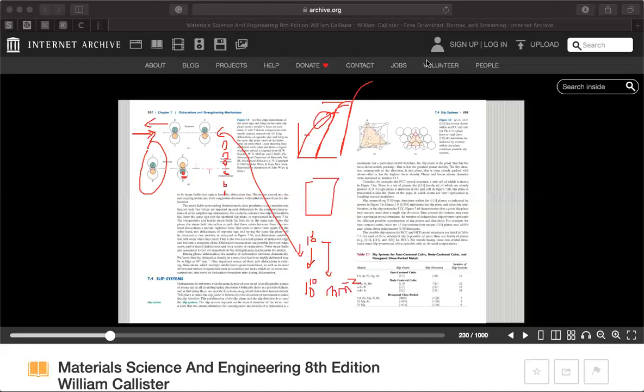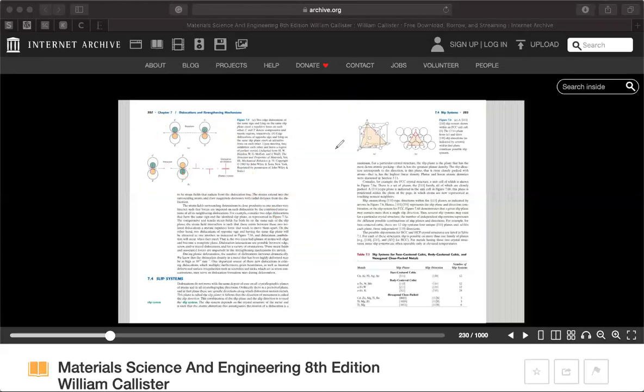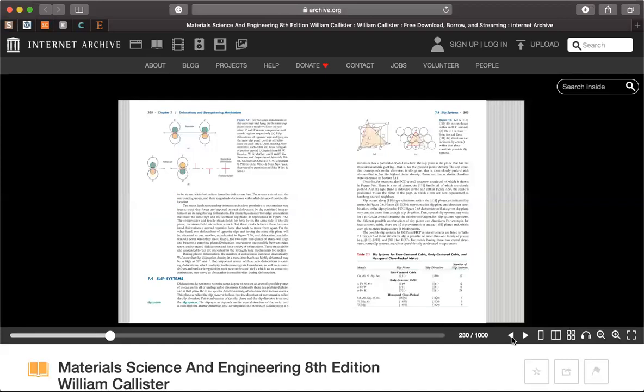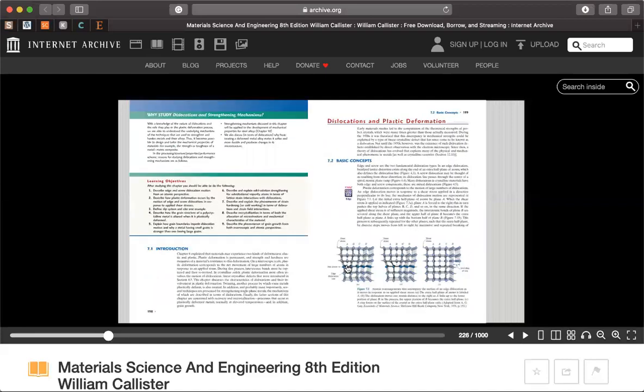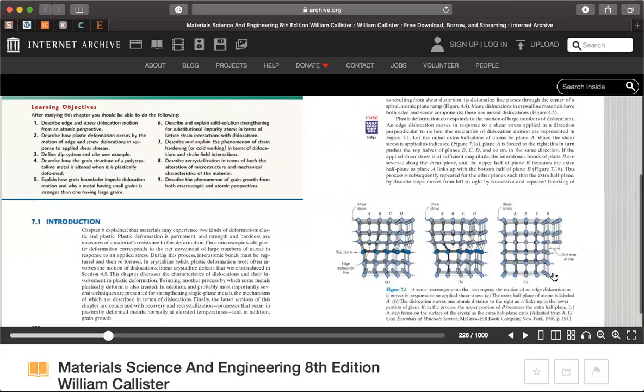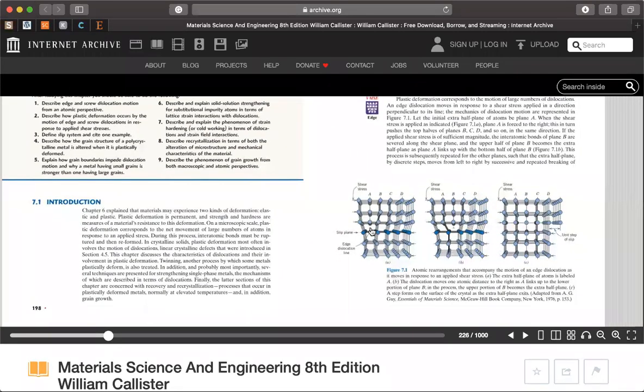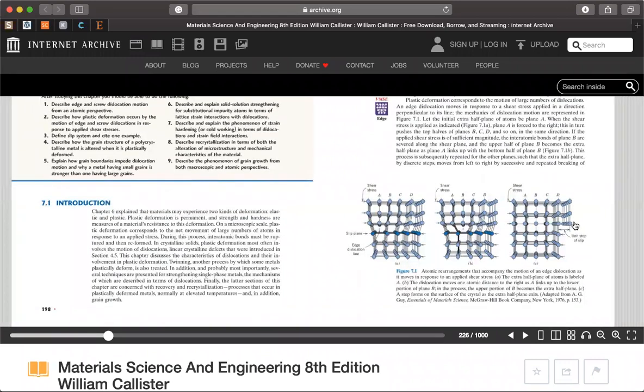But one interesting thing is that in the previous figure, we said that the dislocation line will move from this point all the way to the outside.